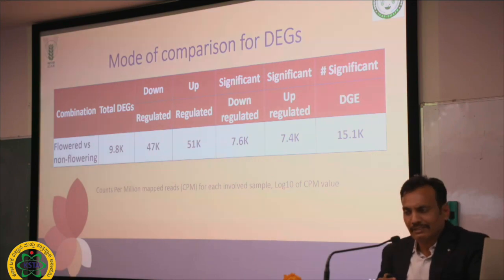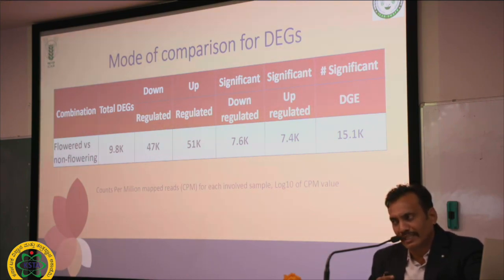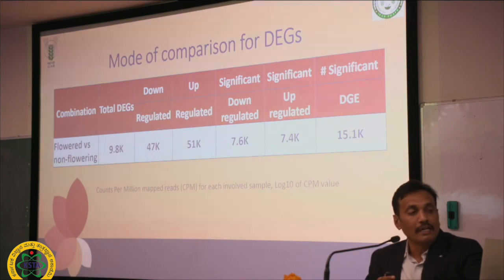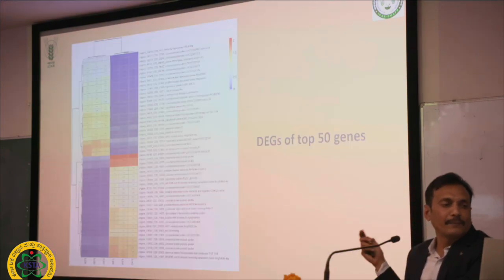Then the transcriptome was compared between flowering and non-flowering plants, and we found that there were a total of 9.8 thousand CDS which were differentially expressed, and significant differential expression was found in 15.1 thousand CDS, out of which 7.6 were down-regulated and 7.4 were up-regulated.